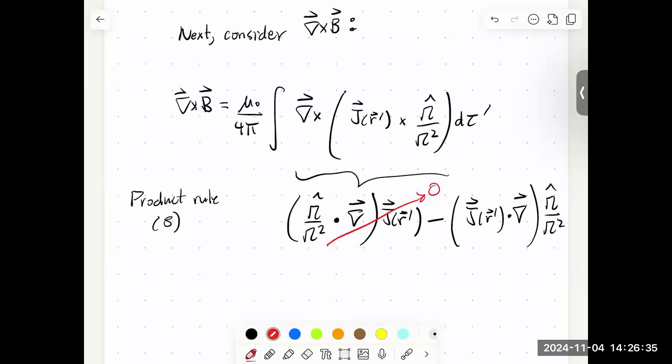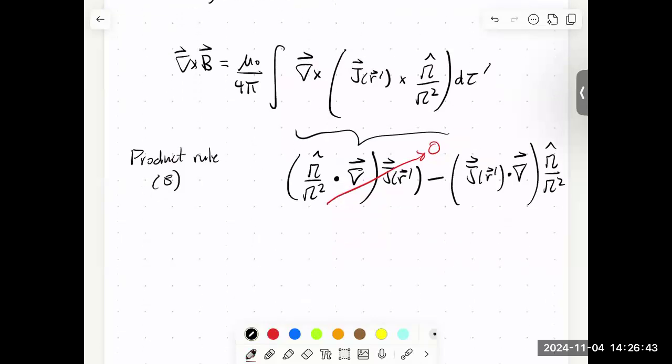In fact, I got ahead of myself. Product rule number 8 doesn't have 2 terms. It has 4 terms. So let's just write down the full product rule before I start killing off terms.